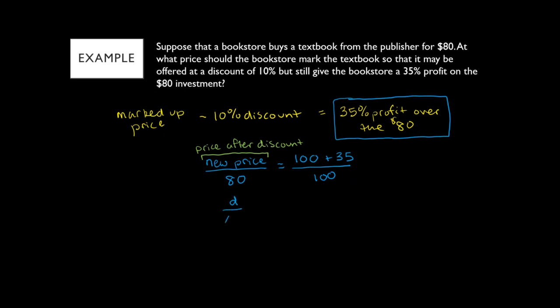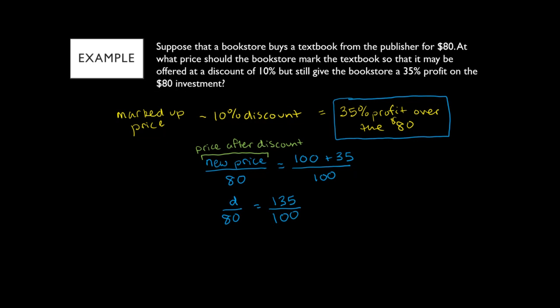So I'm going to have D over 80 equals 100 plus 35, so that's 135 over 100.